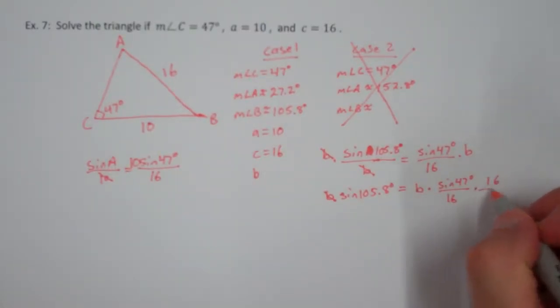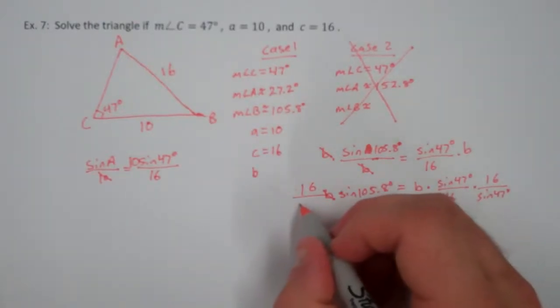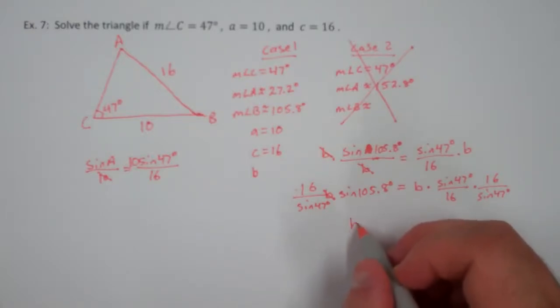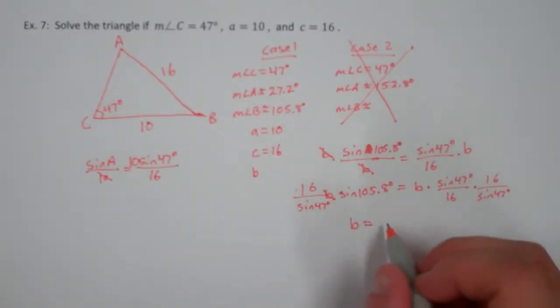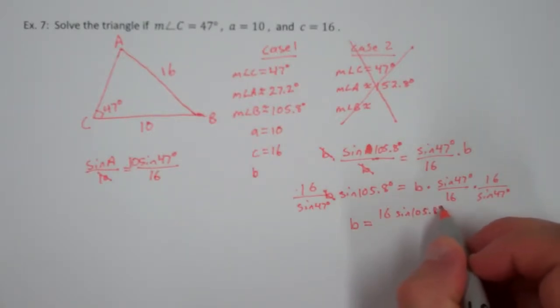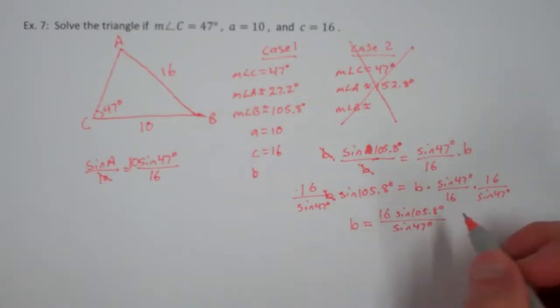We could multiply by the reciprocal on each side. So we'll multiply this by 16 over sine of 47. And we can see that B will be equal to 16 sine of 105.8 over sine of 47.